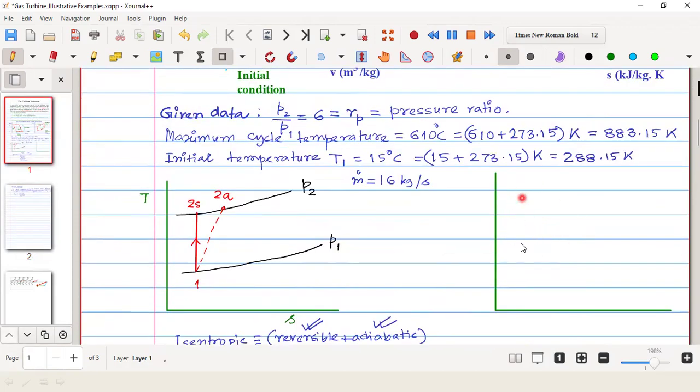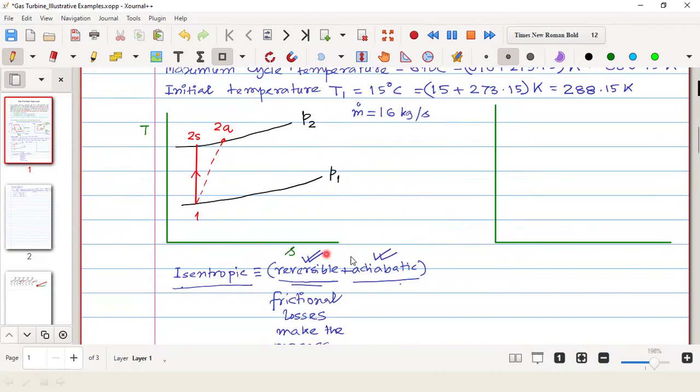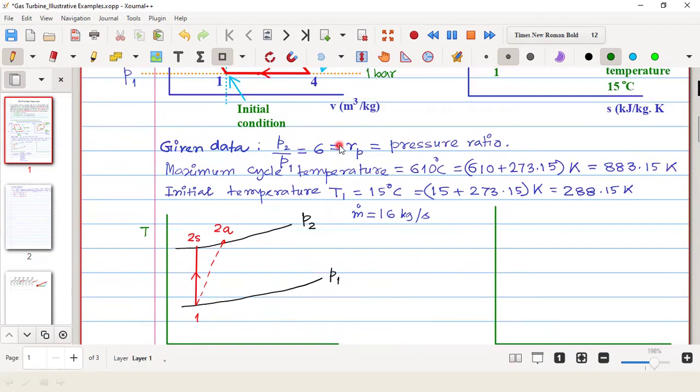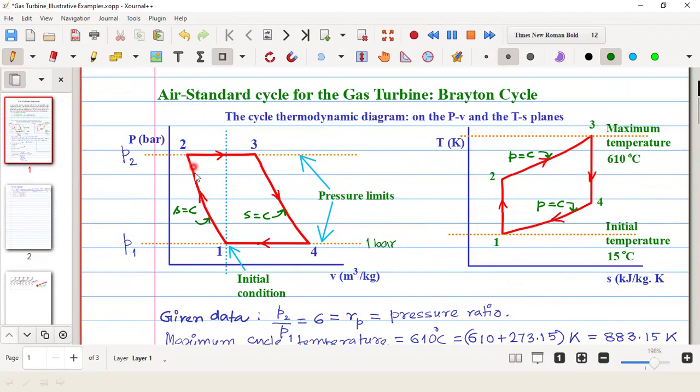Now here for the turbine, we will see again the same thing. During the turbine process, same thing will happen. You see the pressures will be same, P1 and P2. Here you can see that P1 is same as P4 and P2 is same as P3.